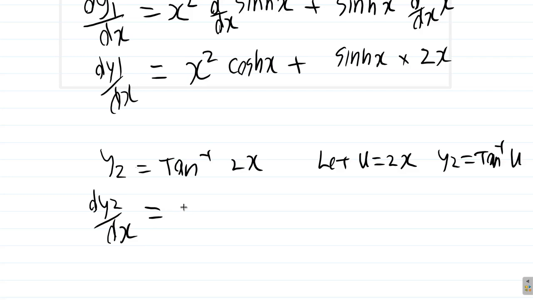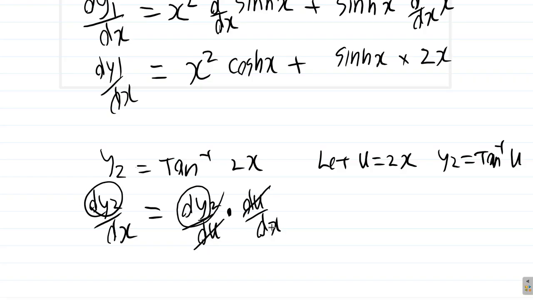The chain rule here, what you would get is the derivative of y2 with respect to u. So it's dy2 by du times du by dx. I use the dot instead of the multiplication sign. Notice you could cancel du and du, and leave the dy2 up top just like this, and the dx down the bottom just like this.